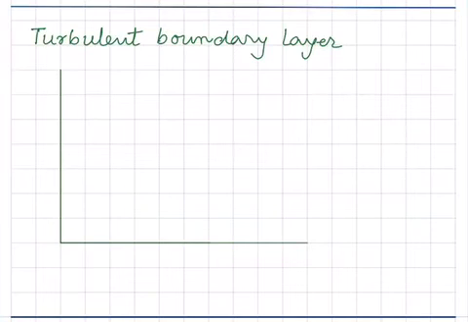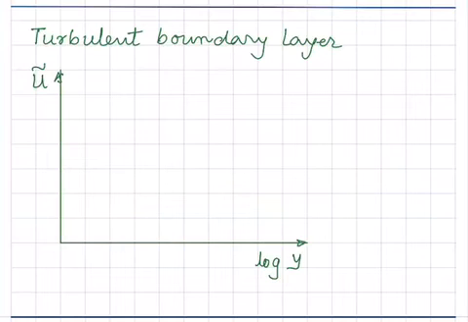I'm going to change this picture by drawing it having y on the x-axis and u, or u tilde in this case, on the y-axis. Additionally, I'm going to make a change.